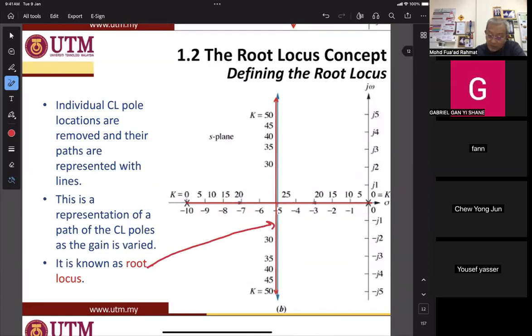And we get the root locus, which is the red color. This root locus begins from -10 and -8, -6, then it meets at this point, which is -5. It's known as the breakaway point.